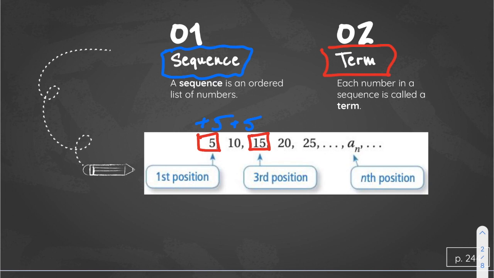Another, more mathy way to talk about where in the sequence a number falls is a sub n. If we're talking about a sub 3, we would be talking about the third term in the sequence, so we'd be talking about 15. If we were talking about a sub 1, we'd be talking about the first term, and so on.